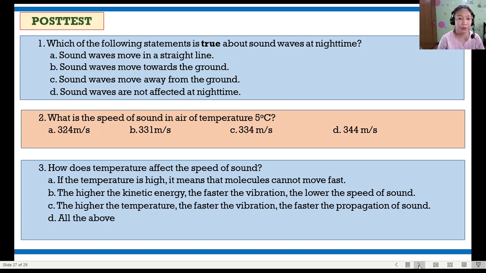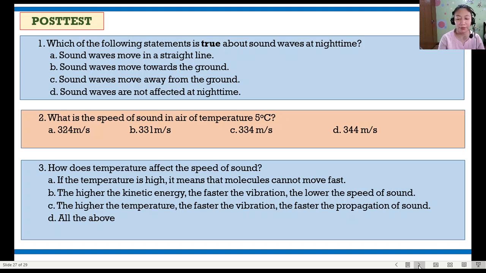Next, number 3. How does temperature affect the speed of sound? A. If temperature is high, it means that molecules cannot move fast. B. The higher the kinetic energy, the faster the vibration, the lower the speed of sound. C. The higher the temperature, the faster the vibration, the faster the propagation of sound.